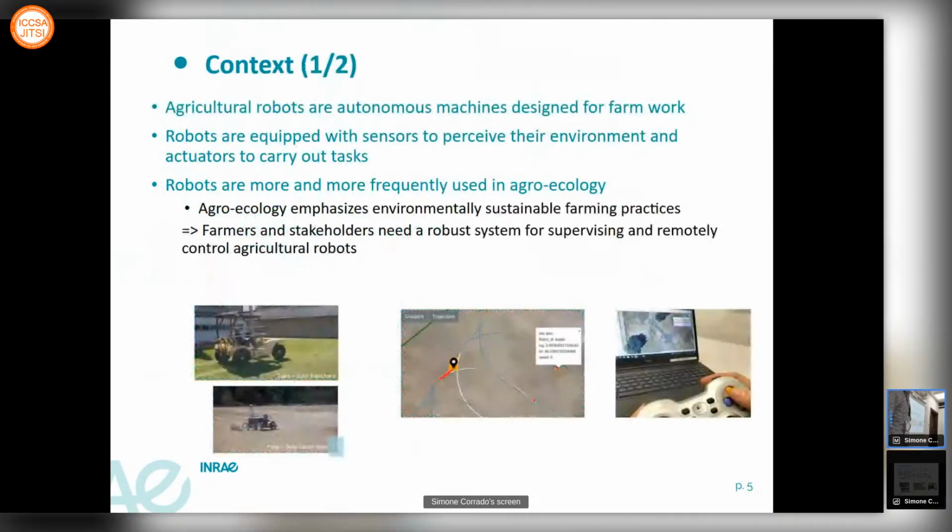So the context. The institute where I work is the National Agricultural and Environmental Research Institute of France. At the moment, we are working on the usage of robots that are small autonomous tractors, like a small Tesla, and to do what?